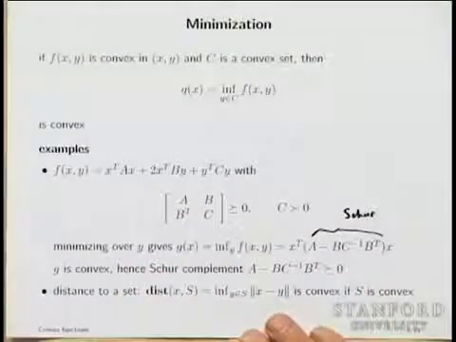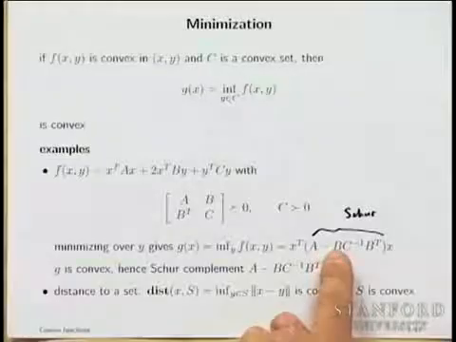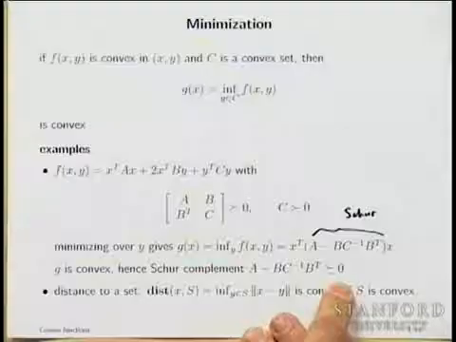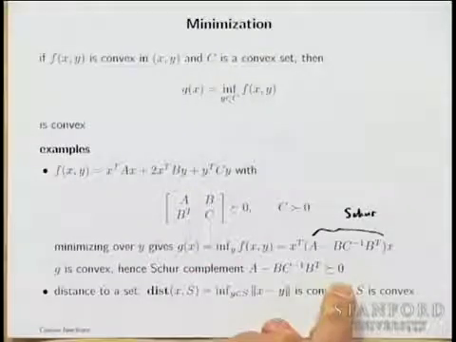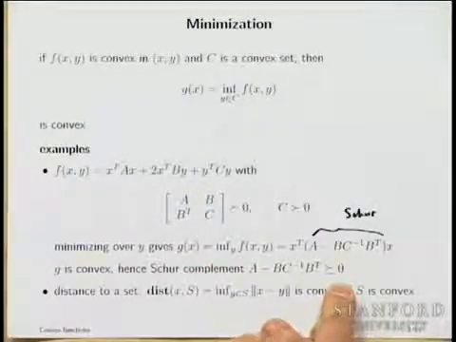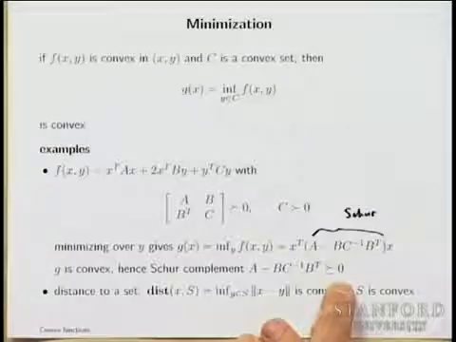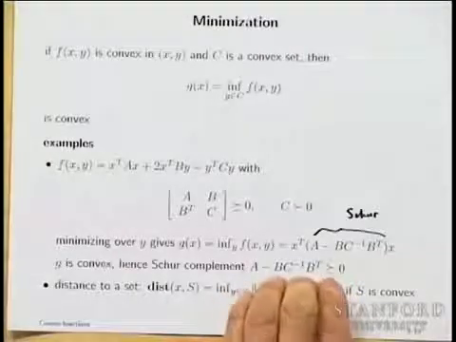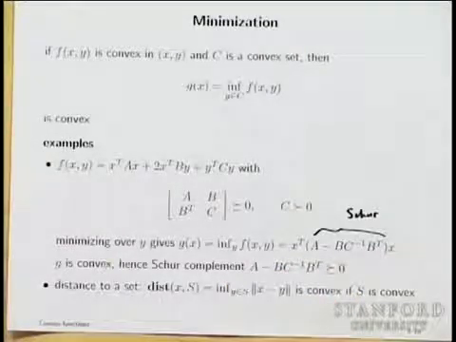And that's convex. And you know what that tells you? That tells you this matrix has to be positive semi-definite. So you may have seen this somewhere in some other context. Maybe in estimation or I don't know where, but it would come up in mechanics and all sorts of things. This Schur complement here.